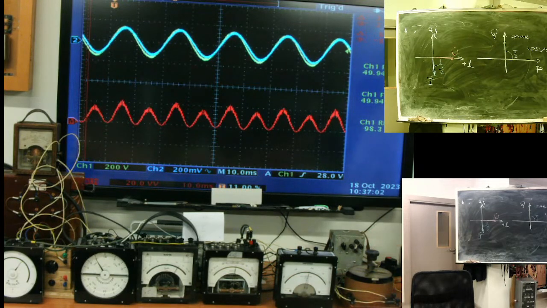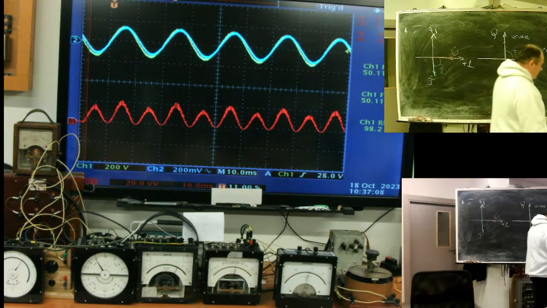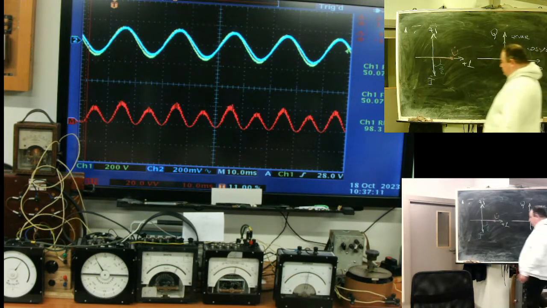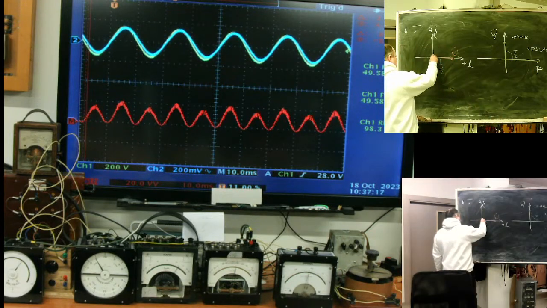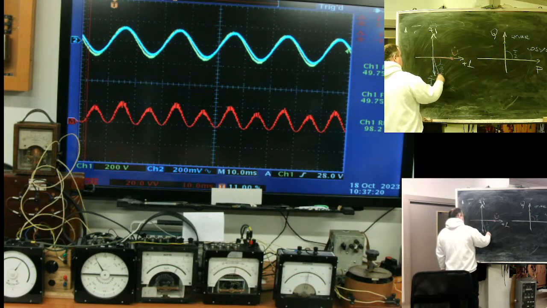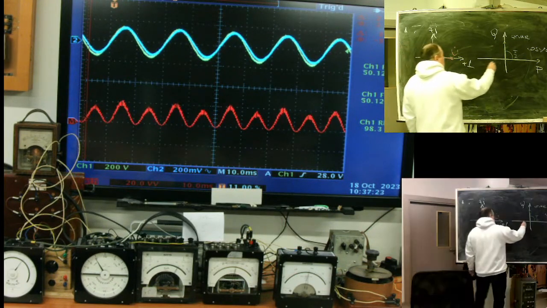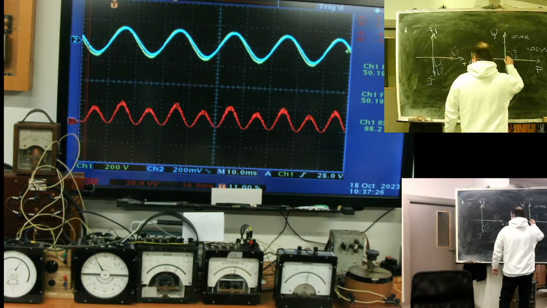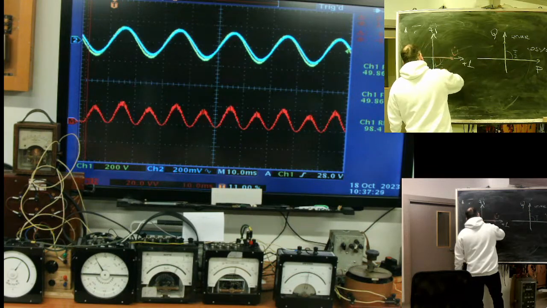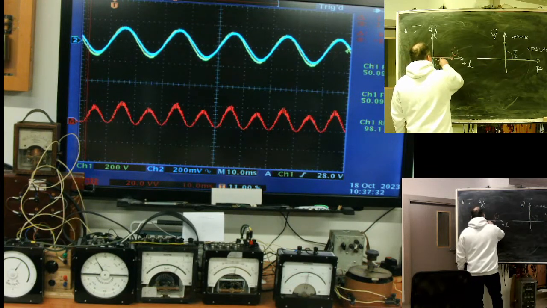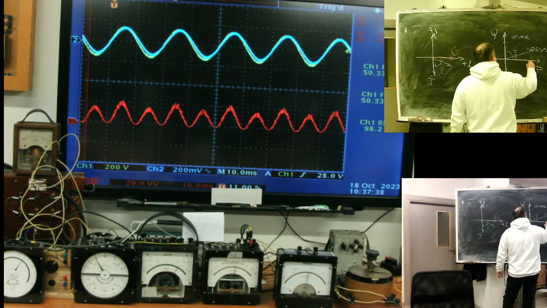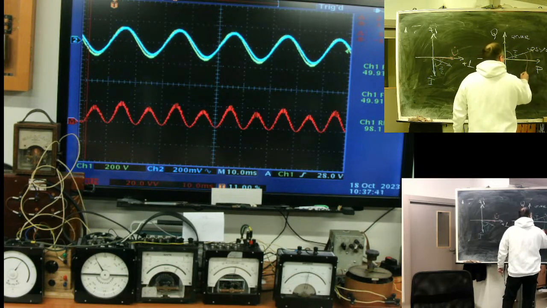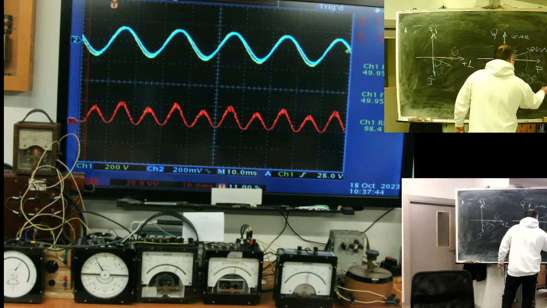What can we do? We can reduce losses because of the reactive component. Let me draw it in yellow, something like this, for power factor 0.9.